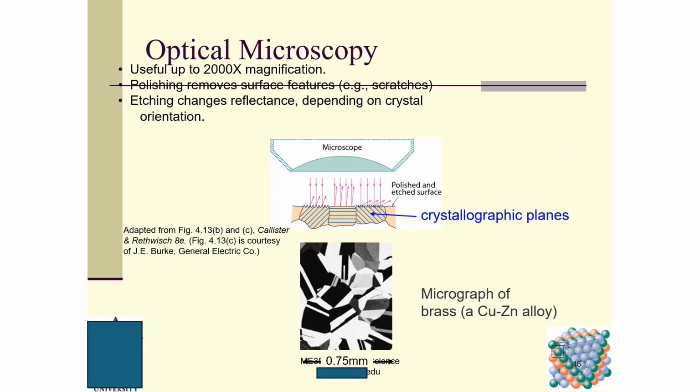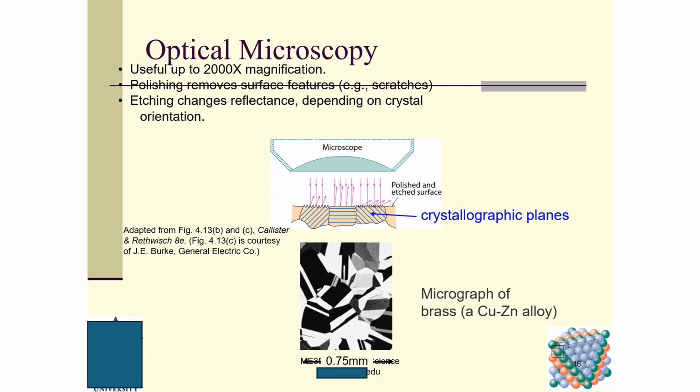First, we talk about optical microscopy. I do not know whether you have had the experience of using an optical microscope. Useful up to 2000 magnification. Polishing removes surface features, for example, scratches. Etching changes reflectance depending on crystal orientation.